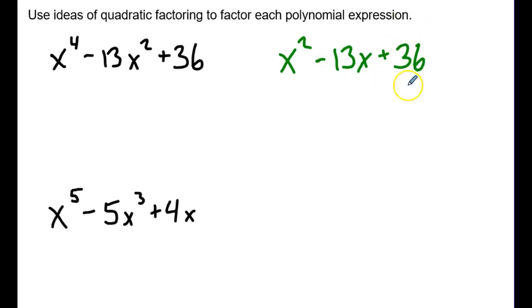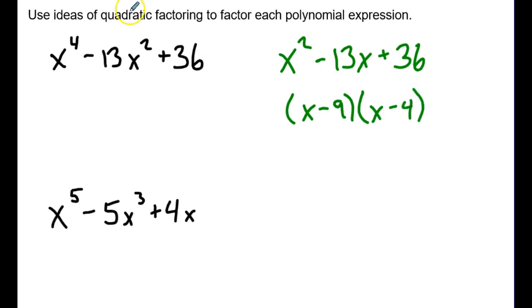We need to look for factors of 36 that when we add together give us a negative 13. So if this is a positive constant, we know both our factors have to be negative. Well, negative 9 times negative 4 is positive 36. Negative 9 plus negative 4 is negative 13. This will factor into x minus 9 times x minus 4.